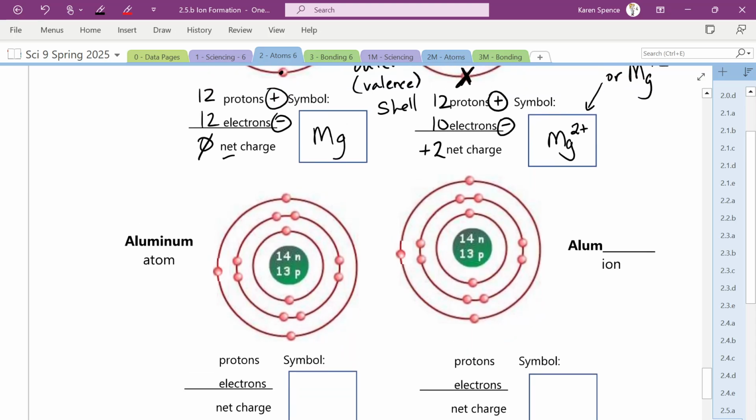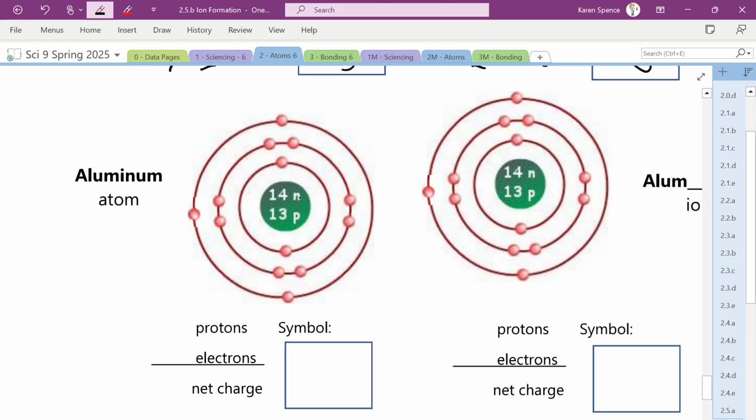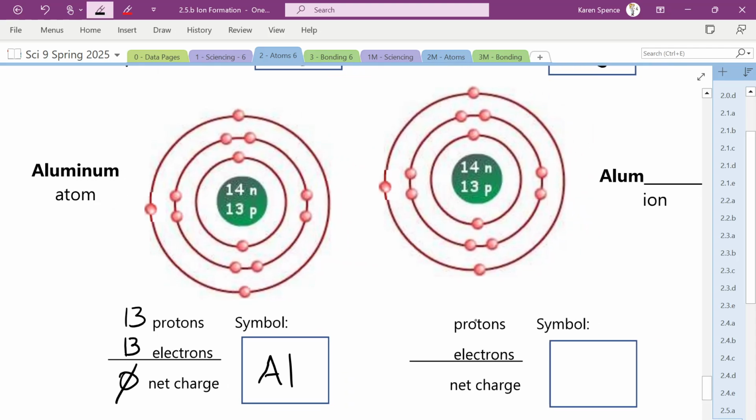Here's aluminum. 13 protons, 14 neutrons. So we have 13 protons, we have 13 electrons, net charge is 0. The symbol is Al. There's no charge because protons and electrons are equal. Protons are still 13, but now we get rid of 3 electrons.